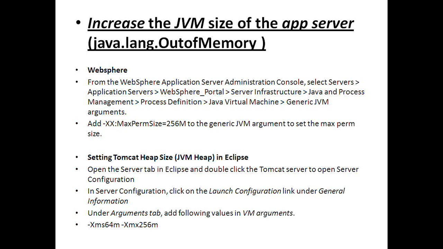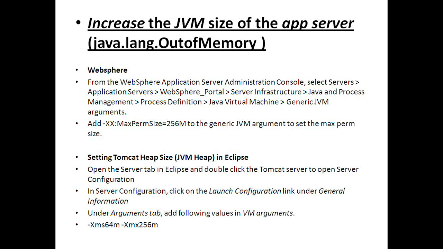The basic idea is we can use the minimum and the maximum keyword. Like in the example, I'm showing for Tomcat. In the second line, setting Tomcat heap size, you can directly open the Tomcat server console and in the arguments tab, just write -Xms and -Xmx.